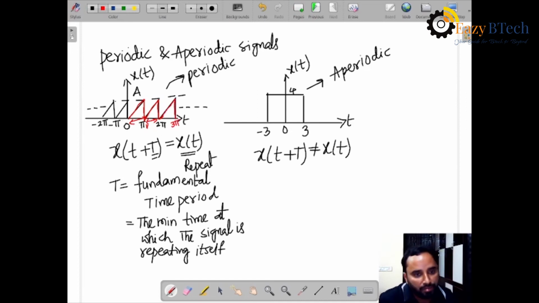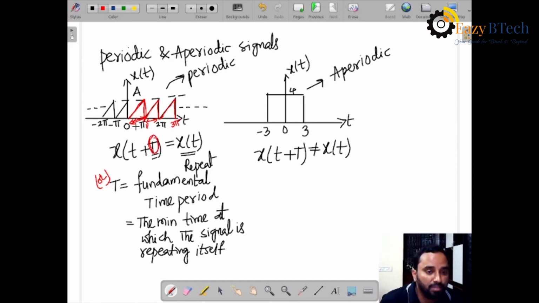So the minimum time at which the signal is repeating itself is called the fundamental time period, or we can say the time taken by the signal to complete one full cycle. How much time is it taking to complete one full cycle? This is one full cycle. This is one full cycle. How much time is it taking? That is called the time period of the signal.